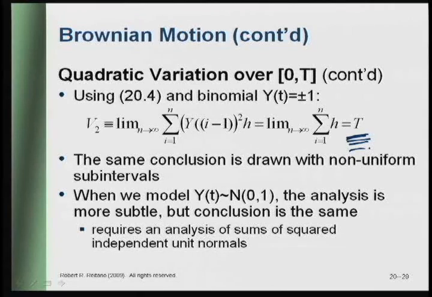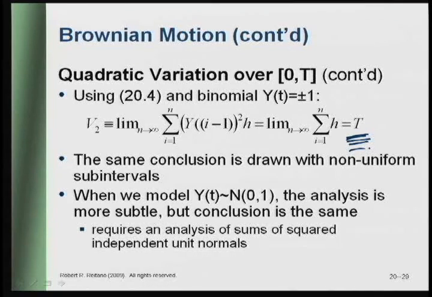Now, remember yi is the change in z. If we let y be plus or minus 1, instead of using the normal distribution for y, we define it as the binomial approximation, well, then it's apparent, because then y squared is always 1, and we just get a limit of a sum of nh's, which is t.